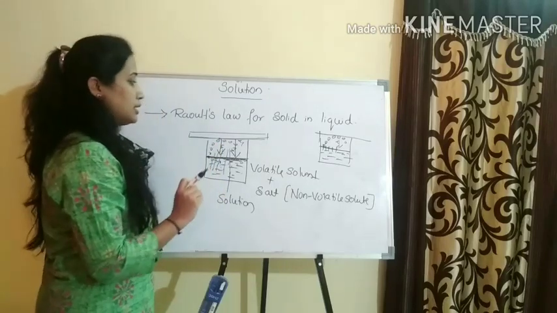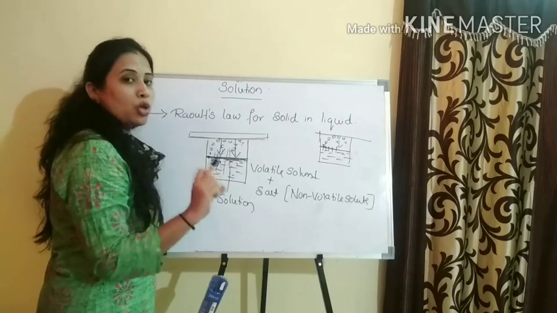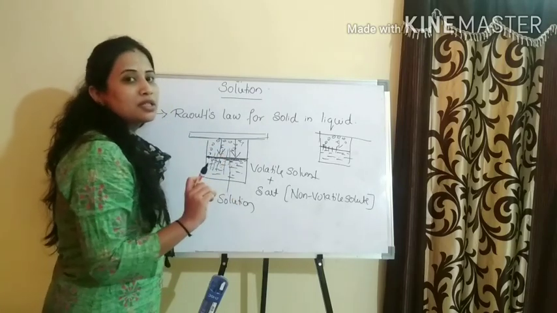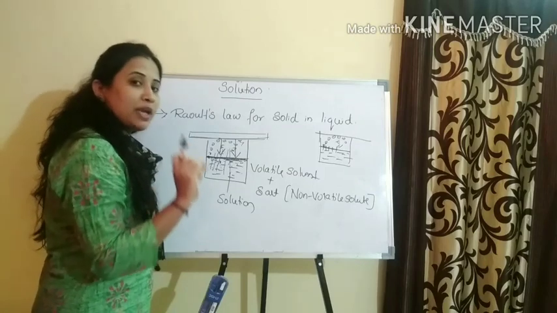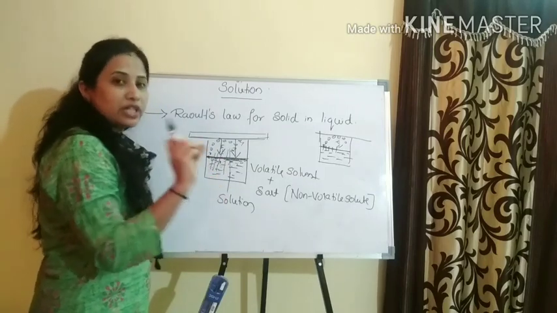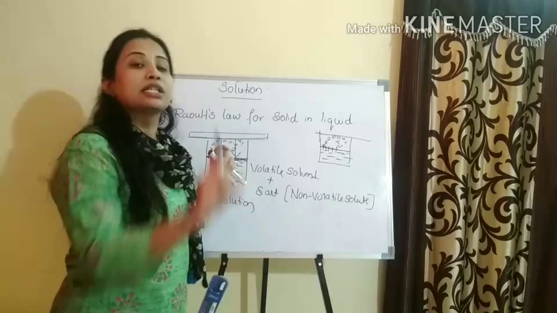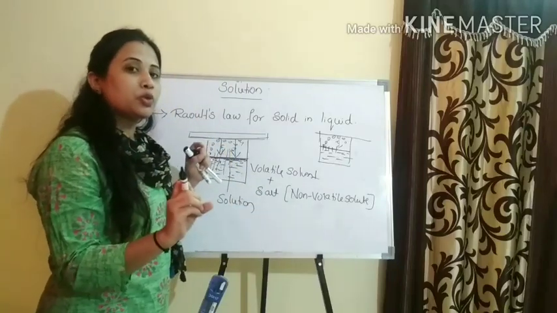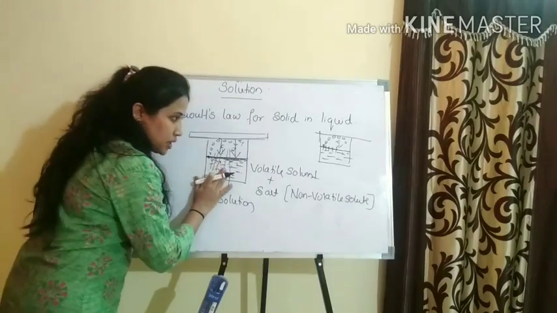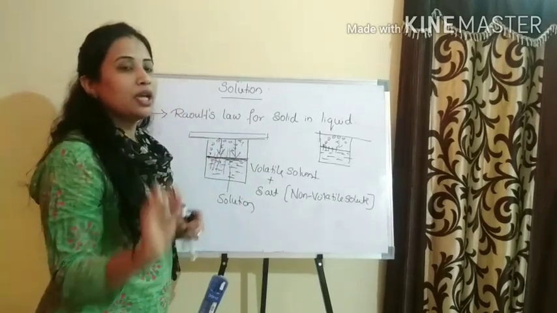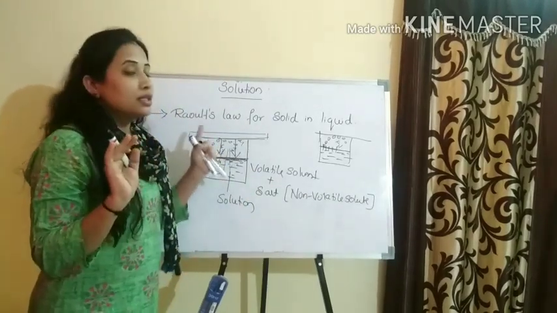It is by the mole fraction of the solvent. The vapor pressure generated is directly proportional to the mole fraction of the solvent that is present, not of the solute.